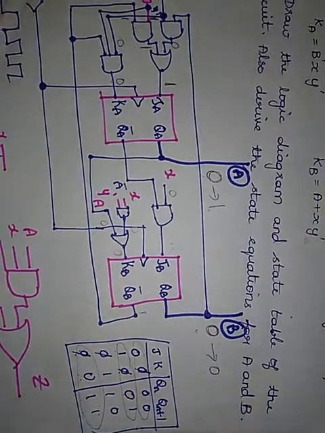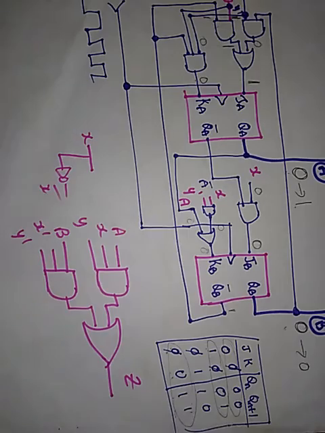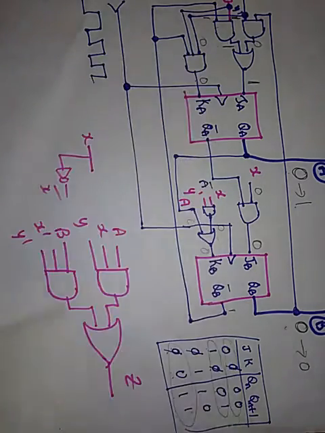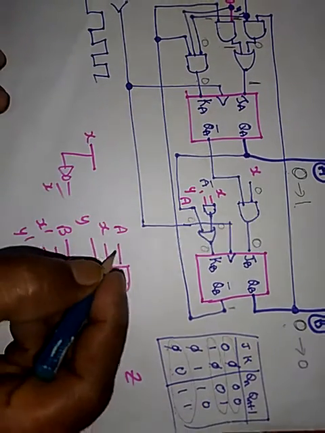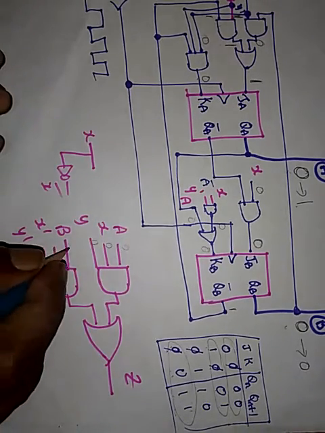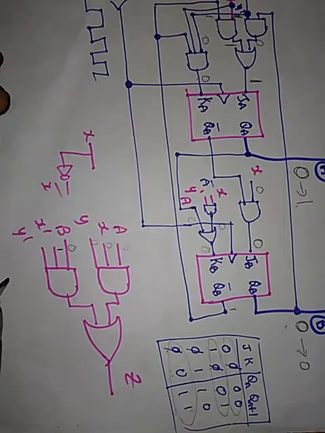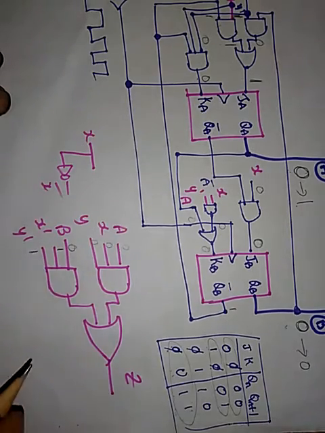Now the last part will be the output. Since we know the first case, XYAB 0000, this is the present case, you just fill it up here. All are 0, 0, 0, this is also 0. B is 0. X bar, that is 0, means this will become 1. Y bar, this will become 1.